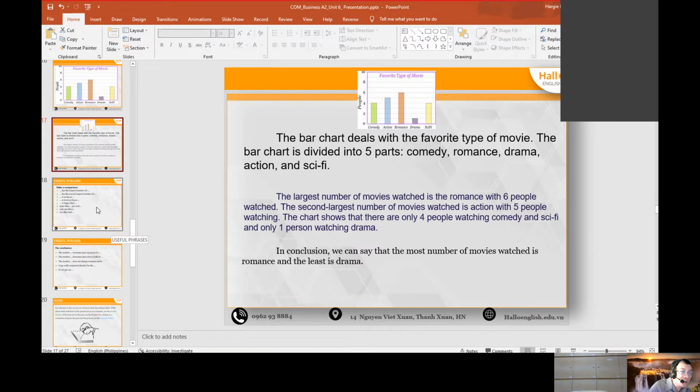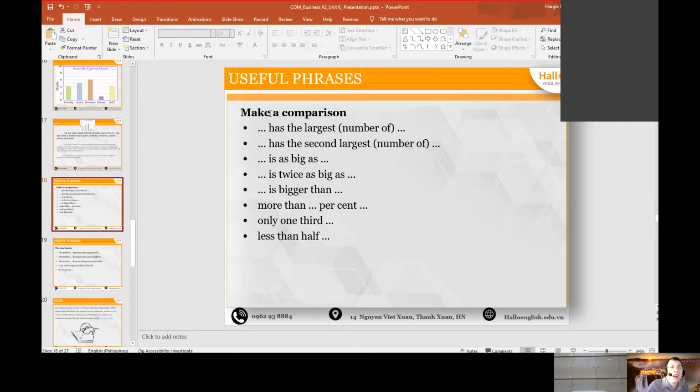Now, moving on, Toy. There are also useful phrases in making a comparison. We can say, can you read this one, Toy? The chart has the largest number of.